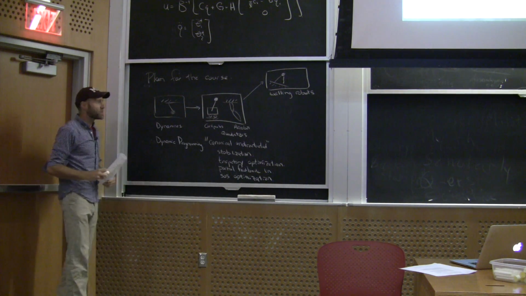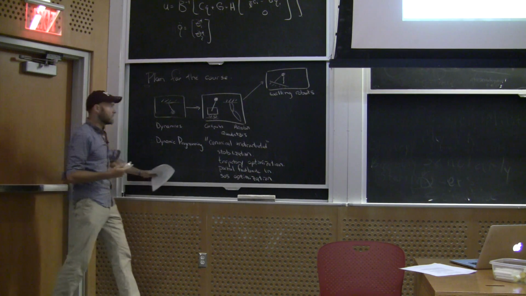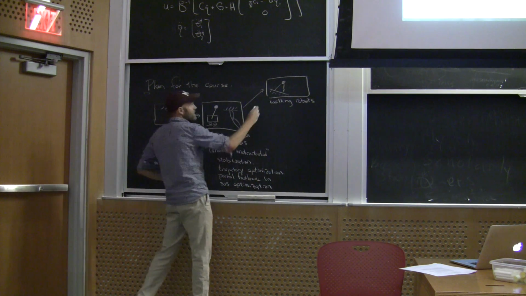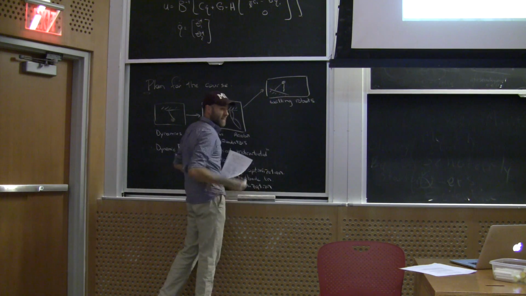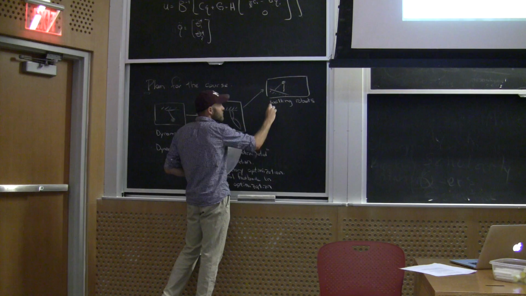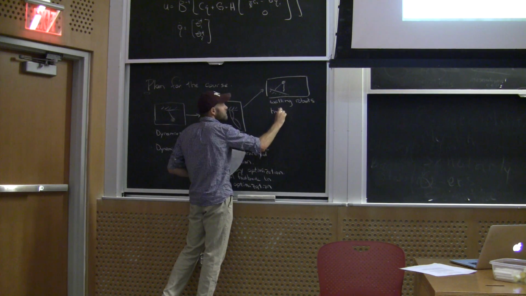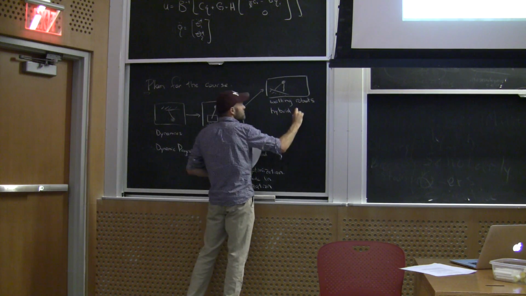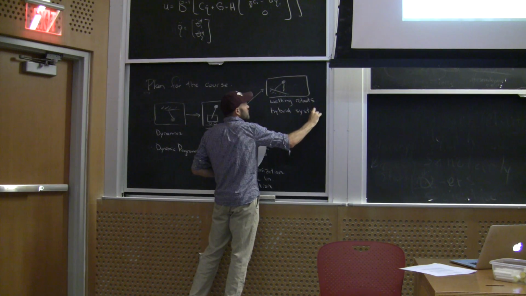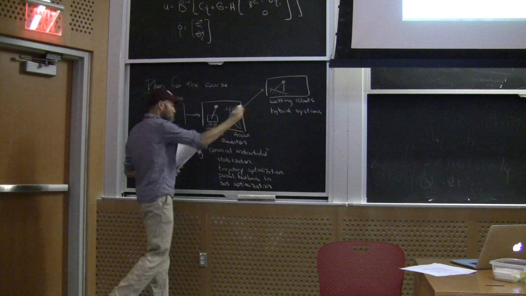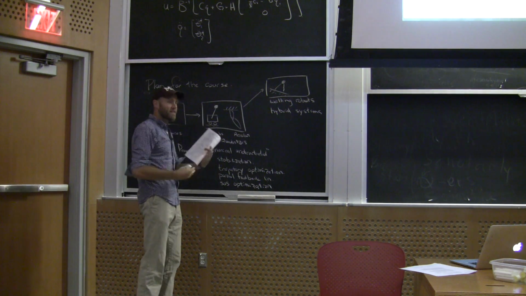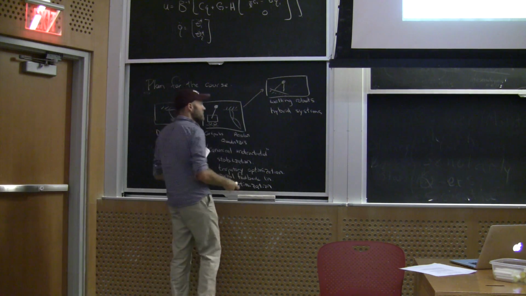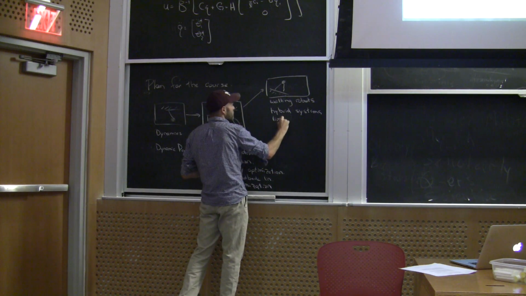And that's going to introduce us to some of the new challenges that come from having a system that's not only underactuated, but has impacts with the world. So you end up with hybrid dynamical systems. And we'll try to extend some of these tools to hybrid systems. Walking also gets us to talk about periodic behavior, limit cycles.